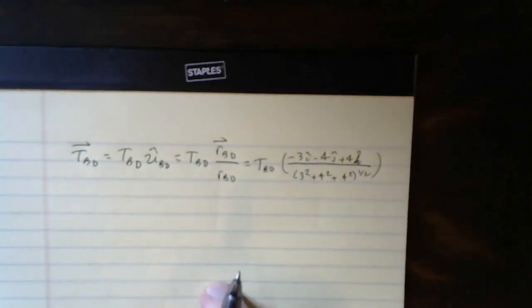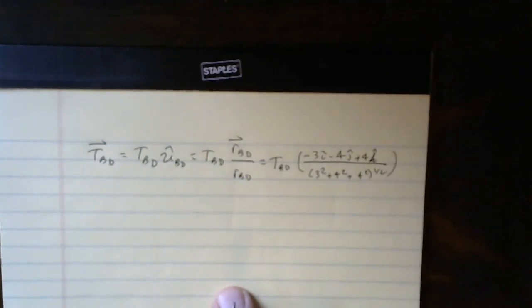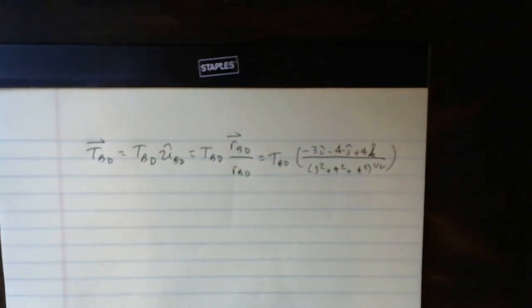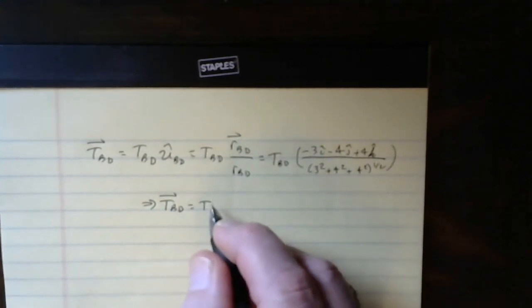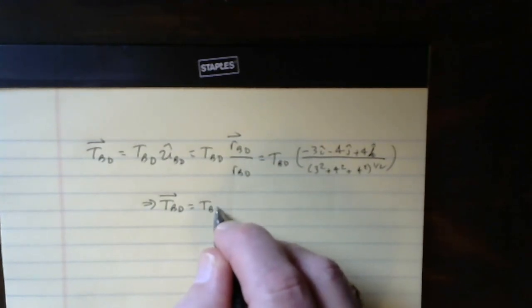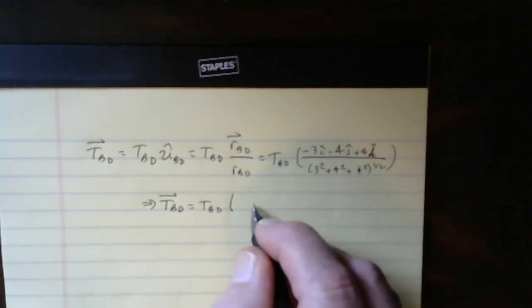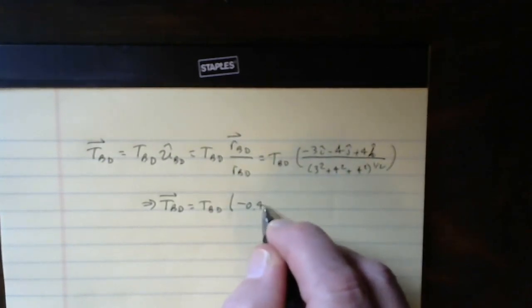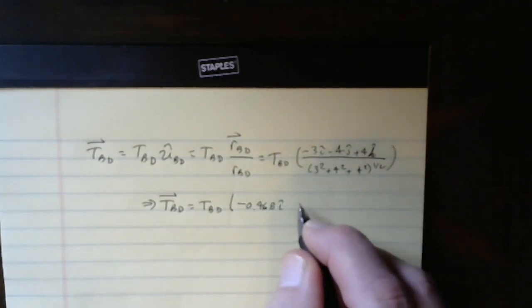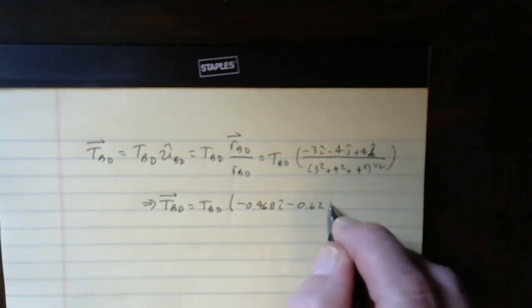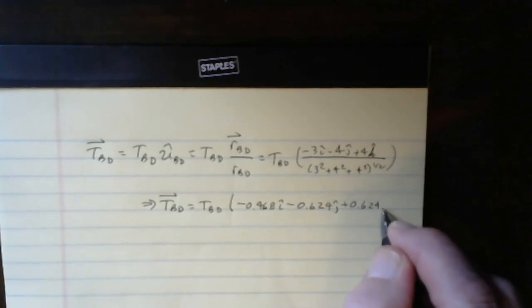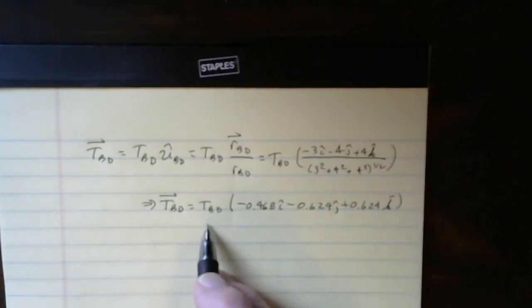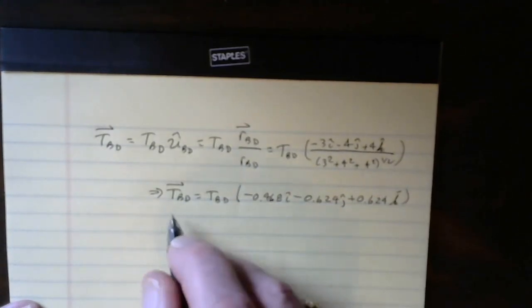So this gives me TBD times its unit vector, minus 0.468i, minus 0.624j, plus 0.624k. So TBD, here's the unknown, the magnitude TBD.